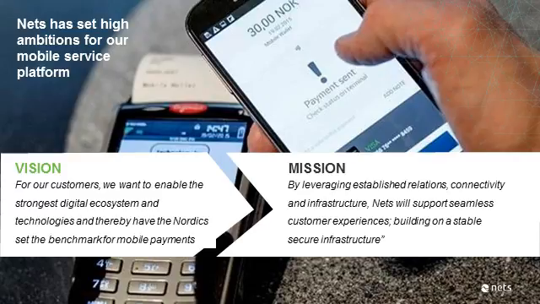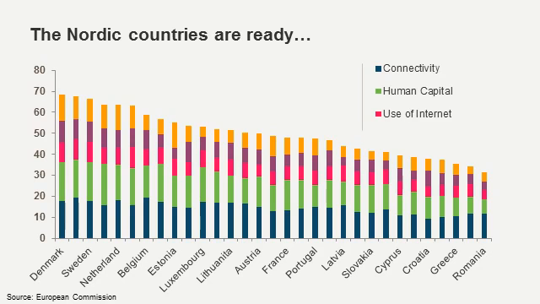And in order to understand our background, I'll just give you a short introduction to Nets and our unique role in the ecosystem of payments, because Nets actually services more than 200 banks in the Nordics, which makes us a unique infrastructure supplier.